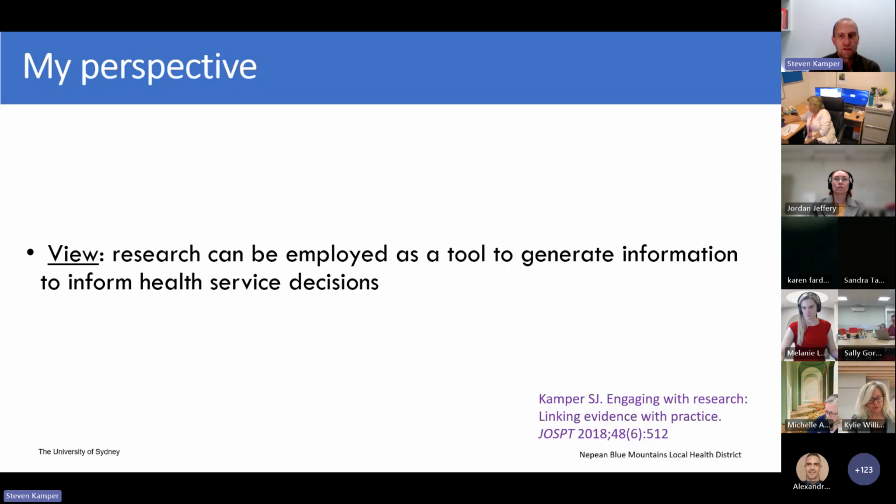But I think it can be employed as a tool to generate information to inform health service decisions, and that's what underpins the work that I try to do, because I believe this can be something really useful on the ground. What this means is that research can be usefully embedded in the health service, and that's a challenge in many ways, but one that I'm keen to take on.